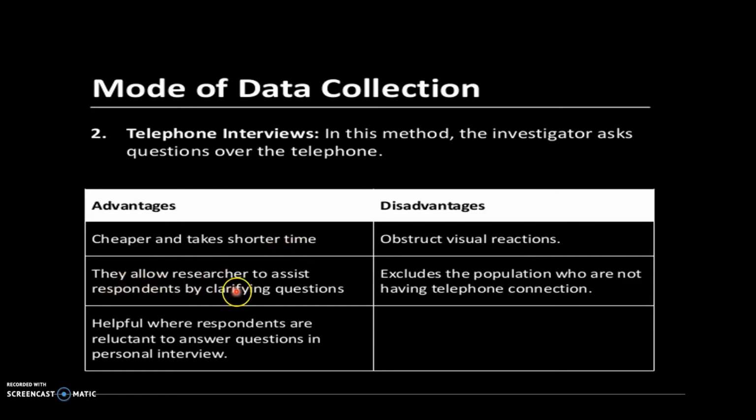They allow researcher to assist respondents by clarifying questions. Helpful where respondents are reluctant to answer questions in personal interview. Then what are the disadvantages of this telephonic interview? Abstract visual reactions. Then excludes the population who are not having telephone connection. So these are the two main disadvantages of this telephonic interview.